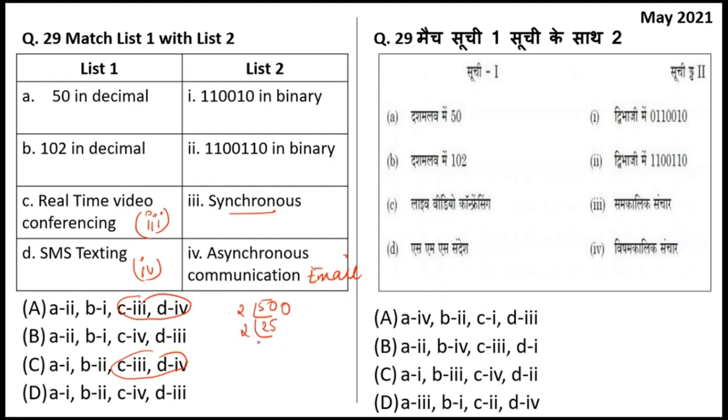Again, divide 25 by 2, the quotient will be 12 and remainder 1. 2 6s are 12, remainder 0. 2 3s are 6, remainder 0. 2 1s are 2 and remainder 0.